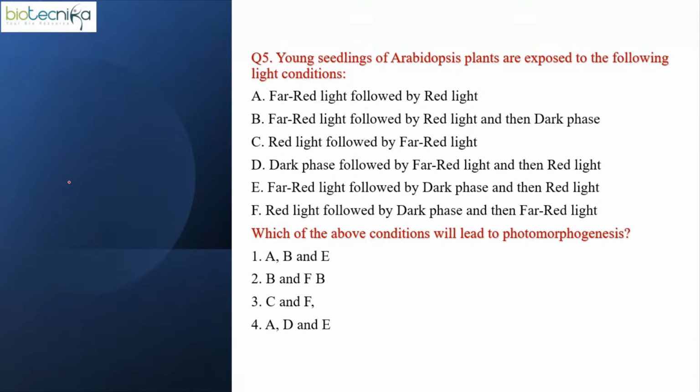Young seedlings of Arabidopsis plant are exposed to the following light conditions. Far red light followed by red light; far red light followed by red light, then a dark phase; red light followed by far red light, dark phase followed by far red light and then red light; far red light followed by dark phase and then red light; followed by dark phase and then a far red light.